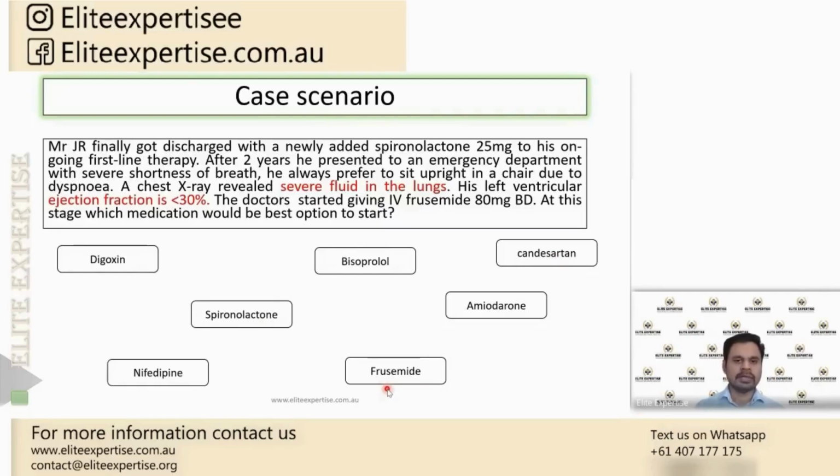So the best medication that we need to recommend here is digoxin, because ejection fraction is getting low. So we need some inotropic drug which can pump the heart. So we need to start the patient on digoxin at this stage.